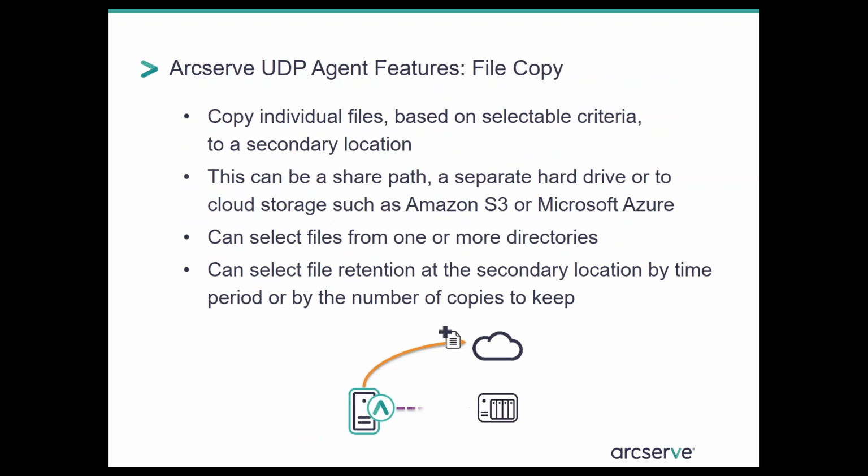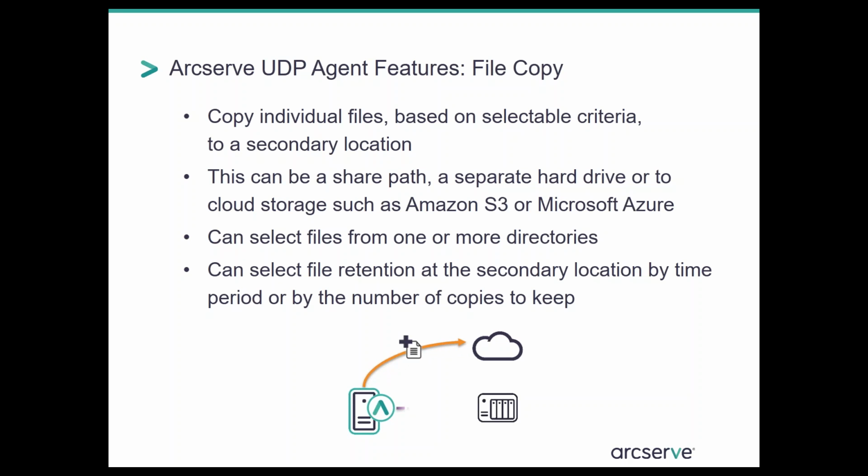Another feature that we have is a file copy feature. With file copy, we can actually nominate a folder or multiple folders and choose different file types and criteria to use, and then after a backup is performed, these files can be copied to a secondary location.